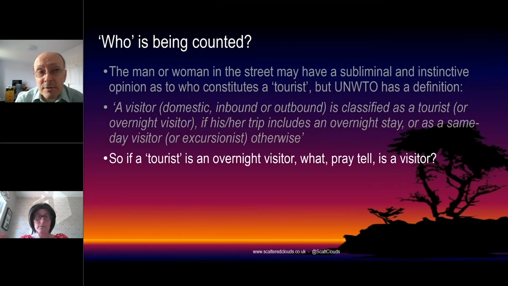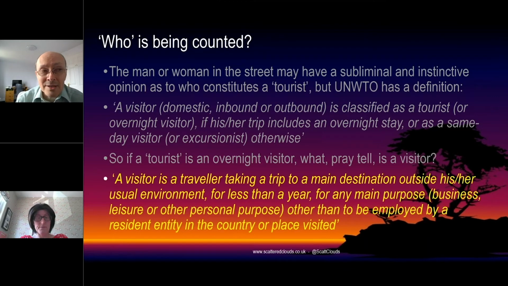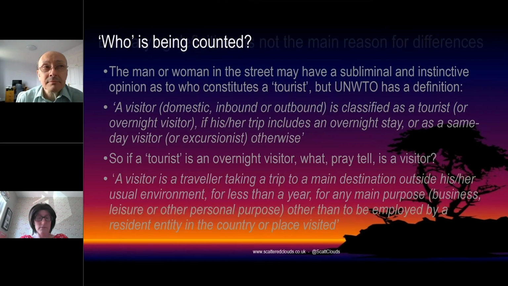So if a tourist is an overnight visitor, what then is actually a visitor? Well, again, UNWTO tells us that a visitor is a traveller taking a trip to a main destination outside his or her usual environment for less than a year for any main purpose, business, leisure, or other personal purpose, other than to be employed by a resident entity in the country or place visited.